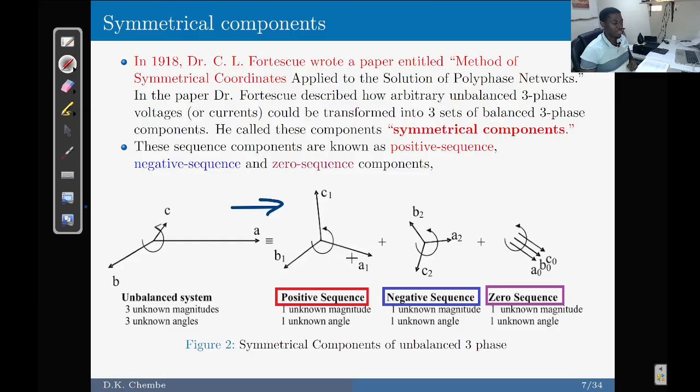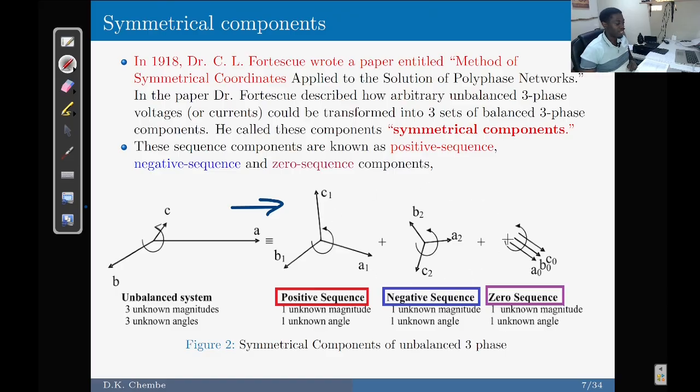These 3 symmetrical components are the positive sequence, the negative sequence, and the zero sequence, where each of the sequence elements is answerable to solving 2 of the unknowns. The positive sequence is solving 1 unknown magnitude, 1 unknown angle. The negative sequence is also solving 1 unknown magnitude and 1 unknown angle. Equally, the zero sequence is solving 1 unknown magnitude, 1 unknown angle.